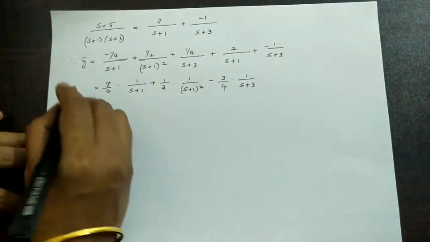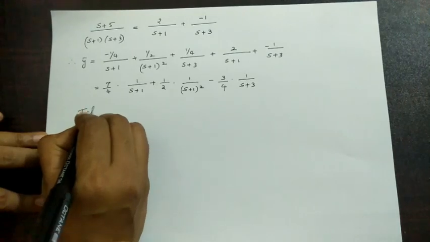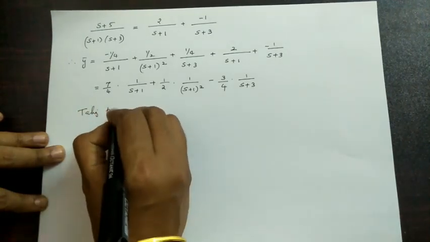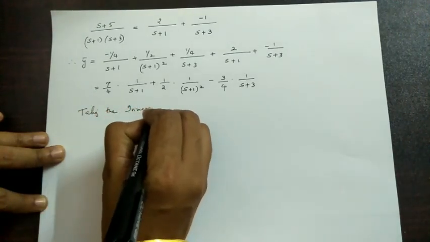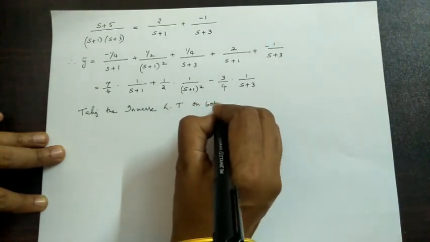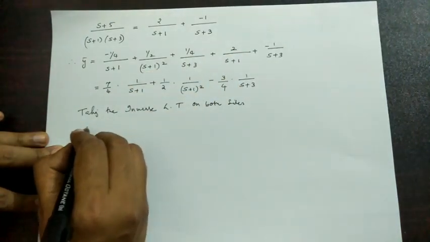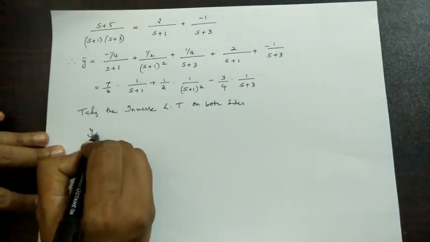Okay. Now y bar is equal to these terms. Therefore, taking the inverse Laplace transform on both sides to get the solution of that linear differential equation, that is y.